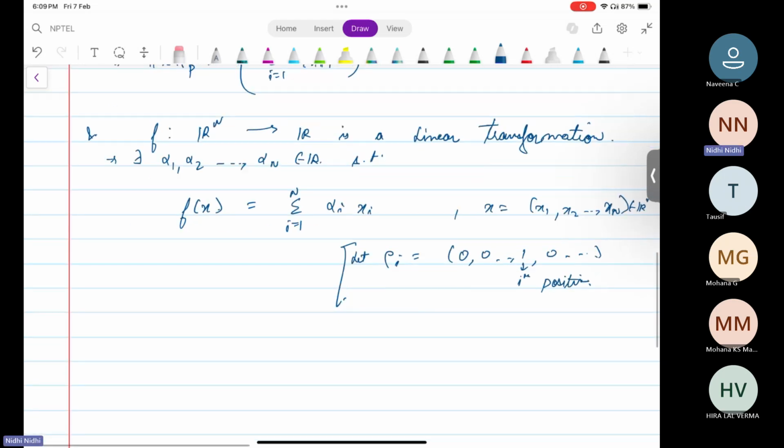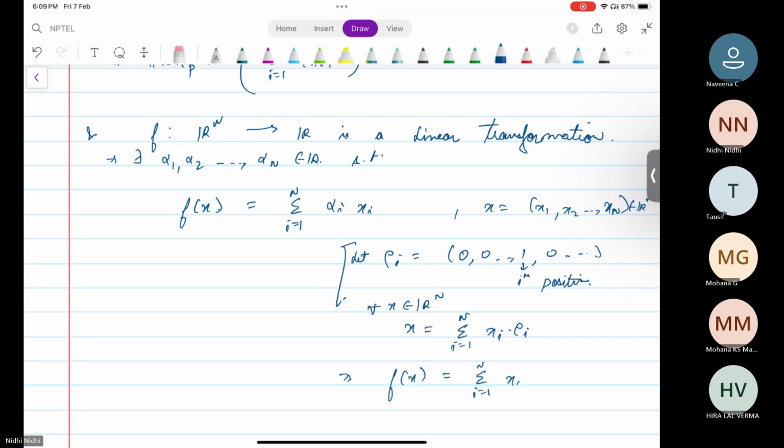So in that case we can write for every x in Rn, x as summation i from 1 to n xi ei, and this gives us that fx is equal to summation i from 1 to n xi f(ei), because f is a linear transformation.